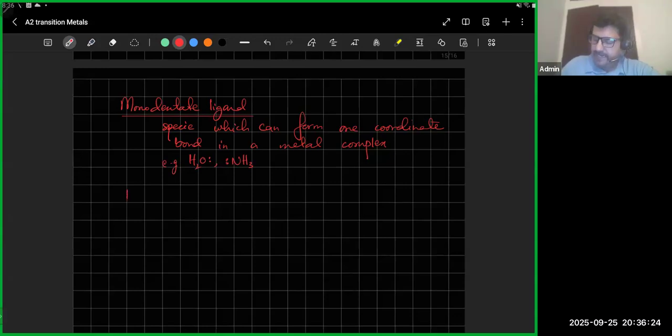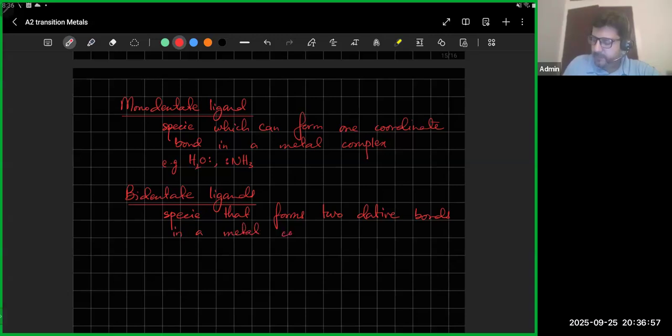Then you have bidentate ligands. If they ask you for the definition, it's a species that forms two dative covalent coordinate bonds in a metal complex.